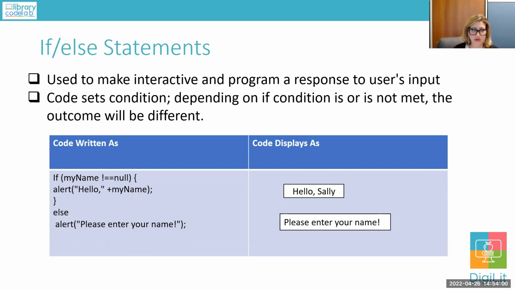So in code, we refer to these types of situations by creating conditional statements. And a conditional statement just checks a specific condition and performs a task based on that condition. And one of these types of conditional statements is something called an if-else statement.